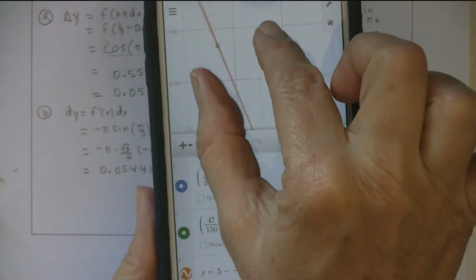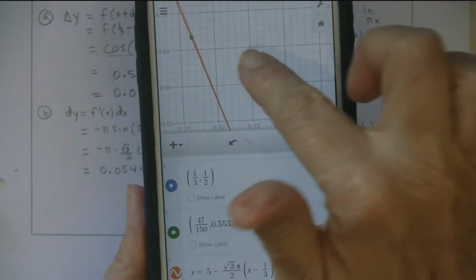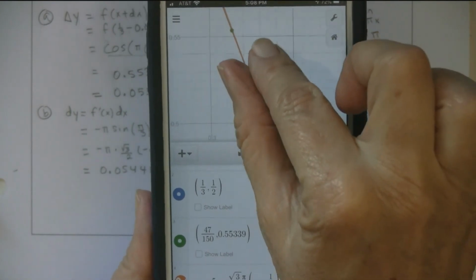And it will be on the curve, and they're really close together.